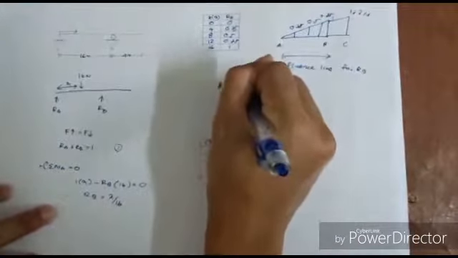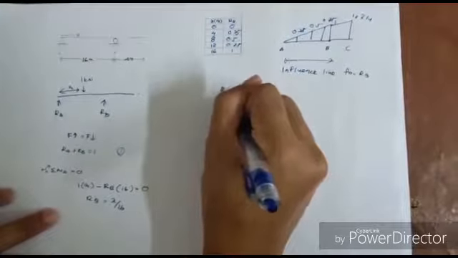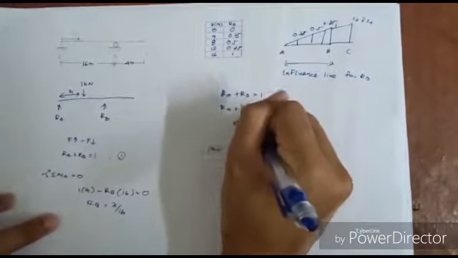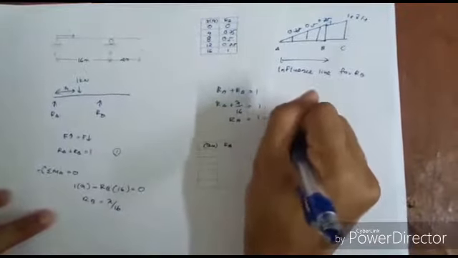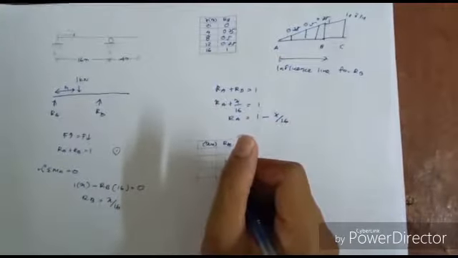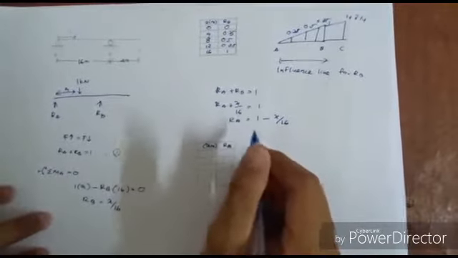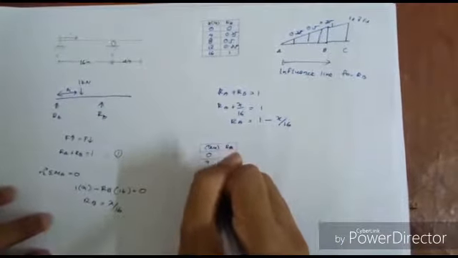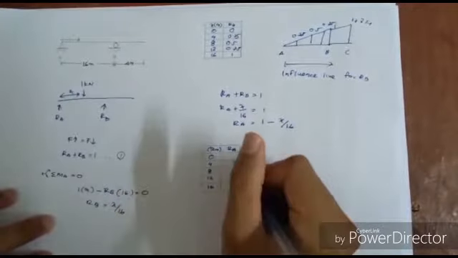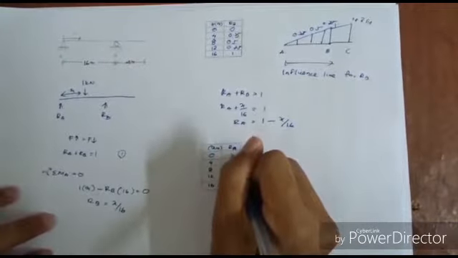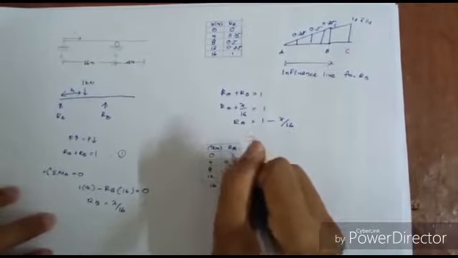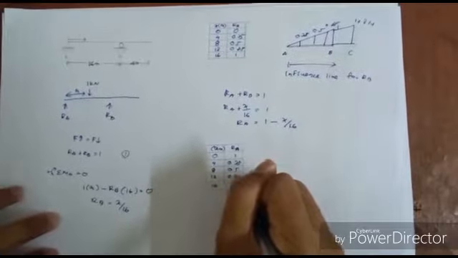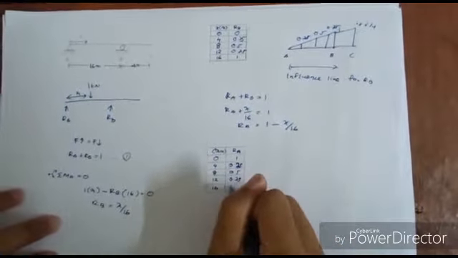Next, from equation 1 and RB, we can find the support reaction at A. RA plus RB equals 1, RA plus X per 16 equals 1, so RA equals 1 minus X per 16. From this equation, we substitute values 0, 4, 8, 12 and 16 meter in the table. Then we calculate and get 1, 0.75, 0.5, 0.25 and 0.